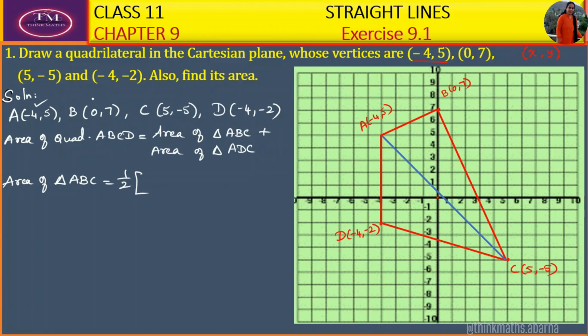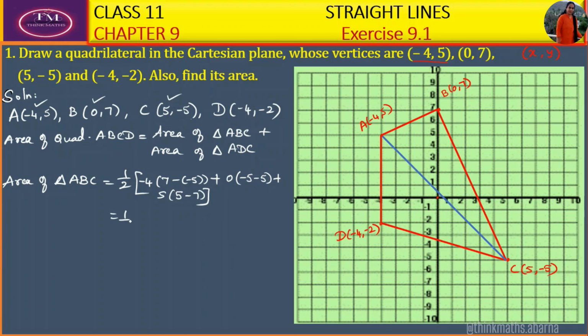We have A, B, C. This is x1, so x1 into (y2 minus y3), so 7 minus of minus 5, plus x2, which is 0, into (y3 minus y1), so minus 5 minus 5 plus x3, which is 5, into (y1 minus y2), so 5 minus 7.